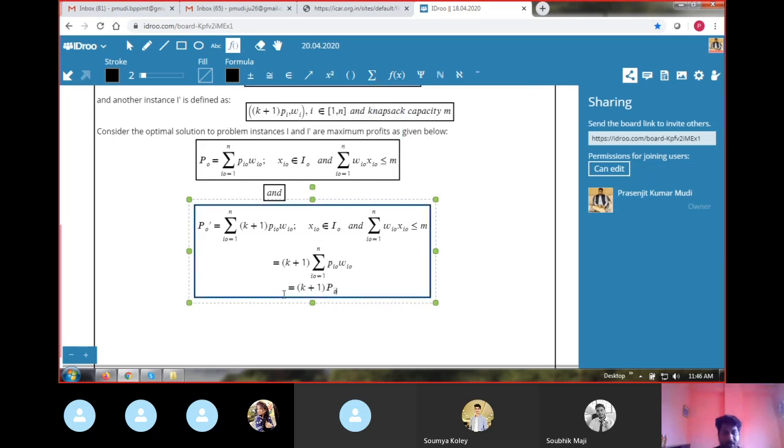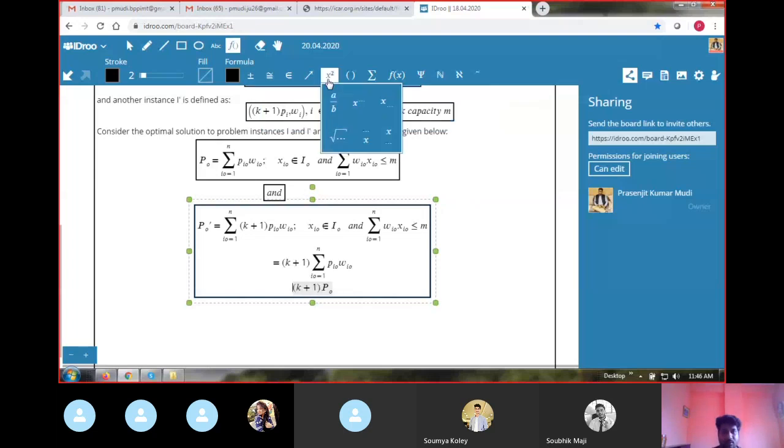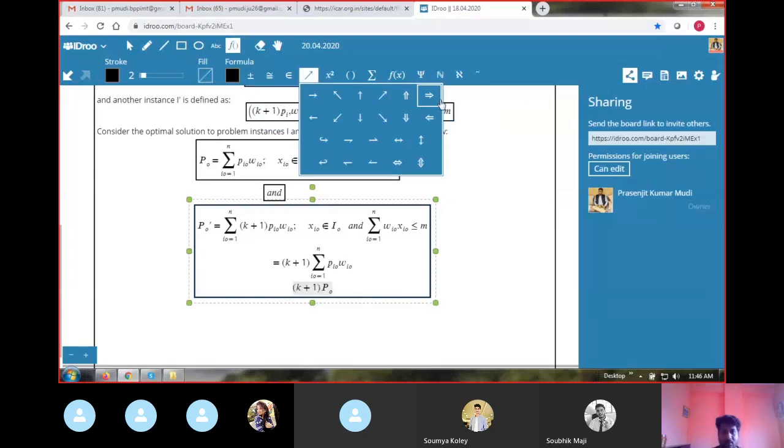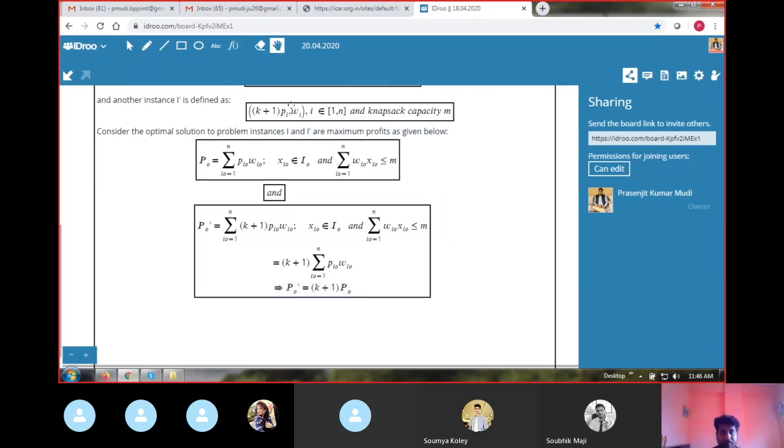This is an important result we have come up to: P0 dash is equal to k plus 1 times the optimal profit to the problem instance I.